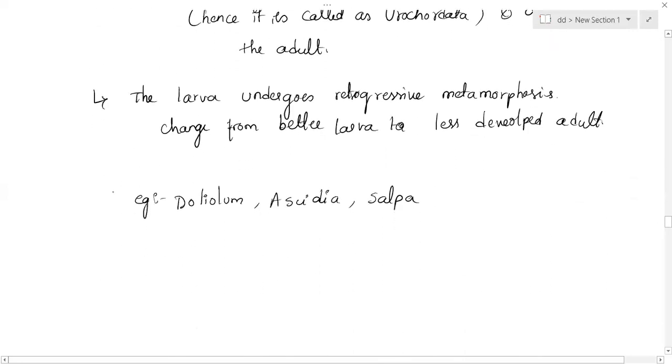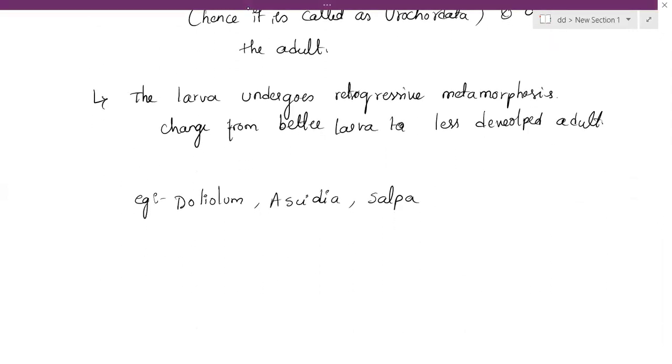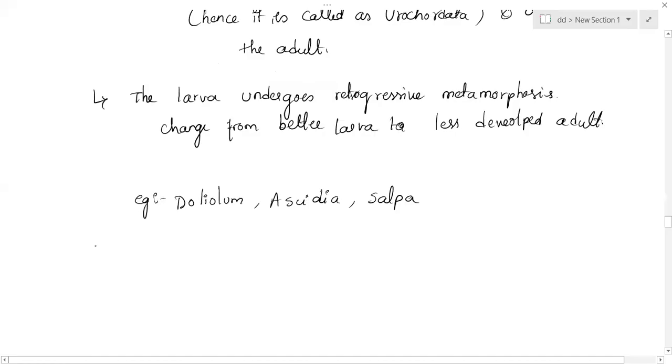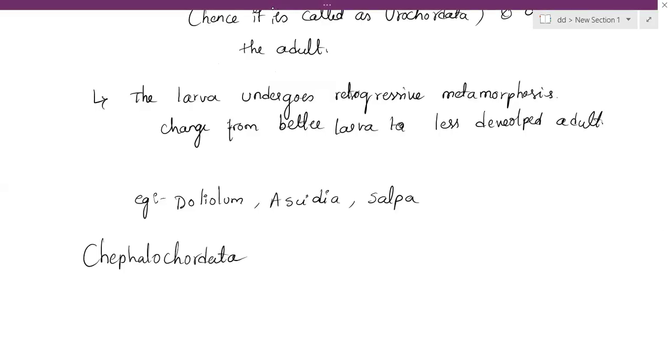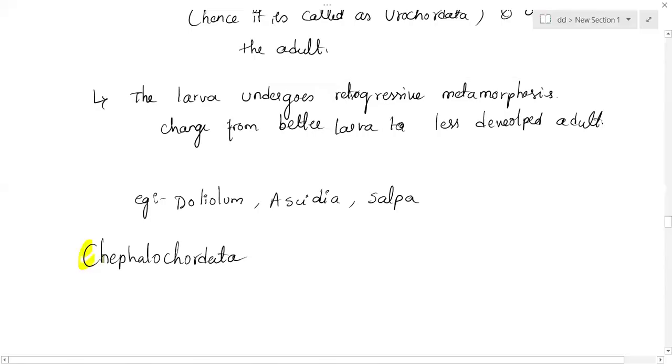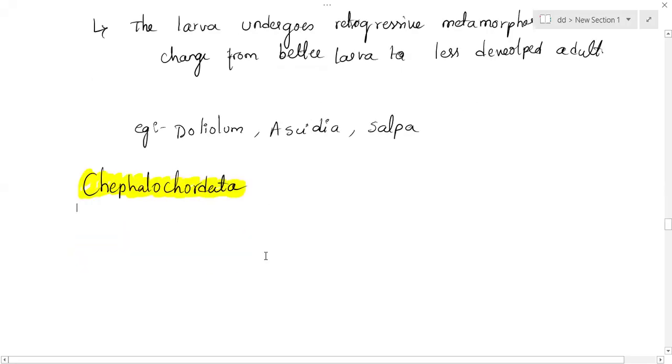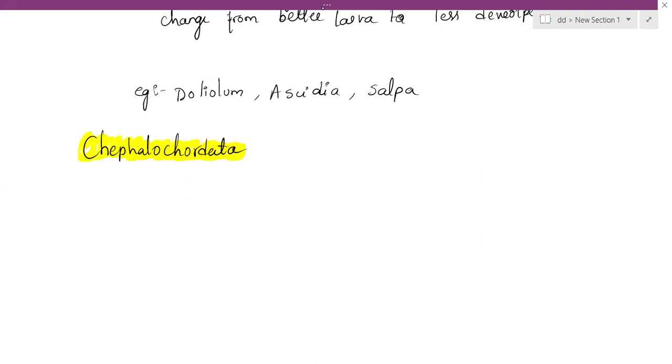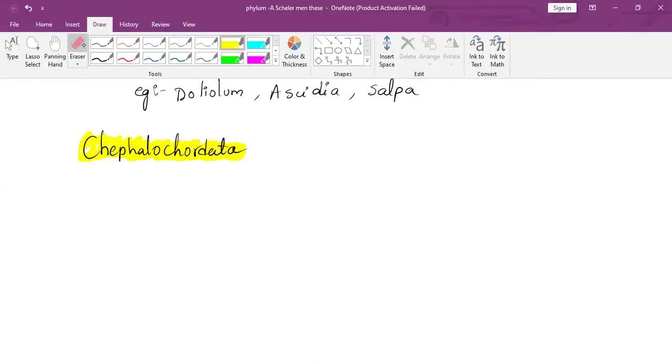Okay. So we'll move on to the next subphylum, that is Cephalochordata. This Cephalochordata is more advanced than the Urochordata, where the notochord is only present in the tail region.